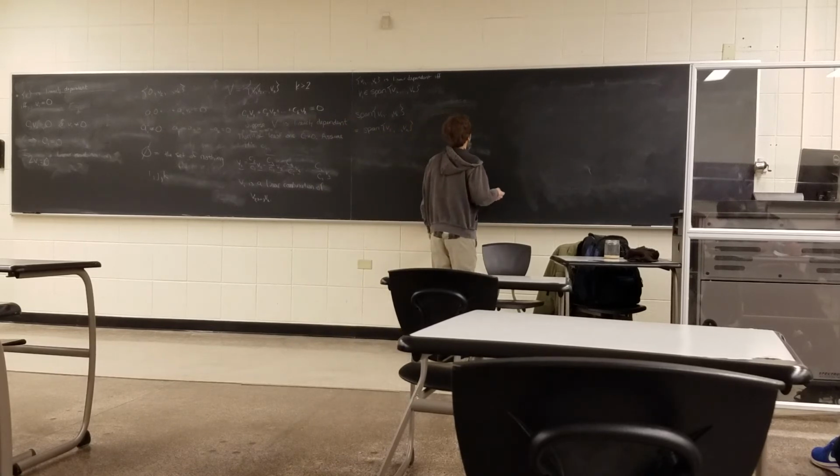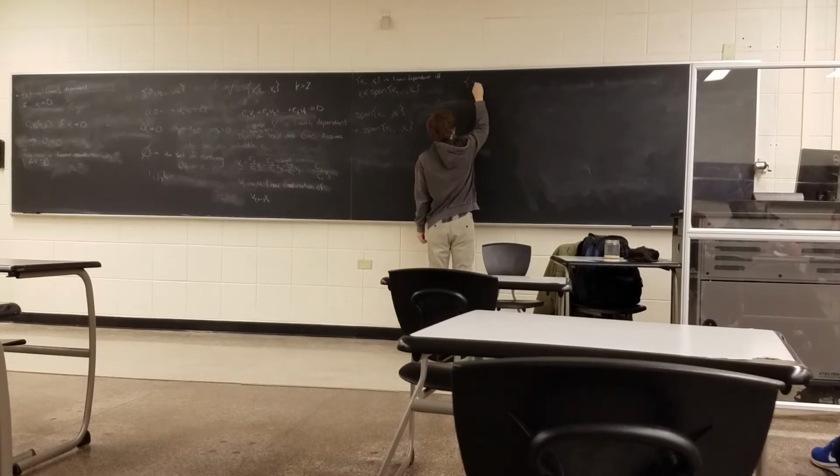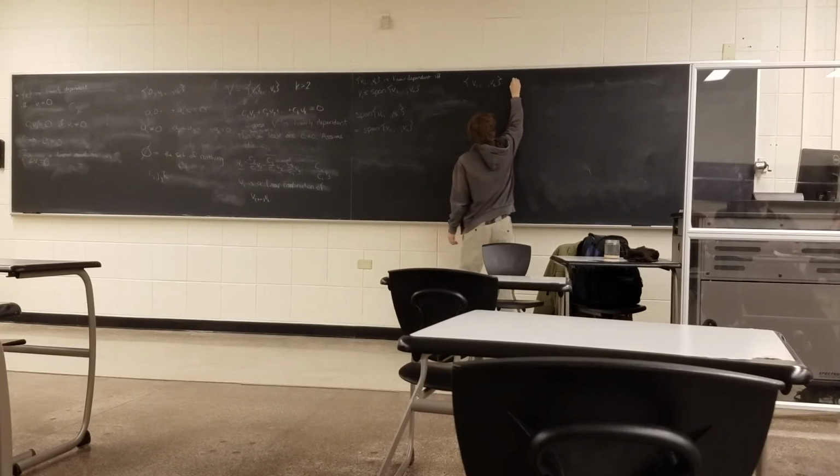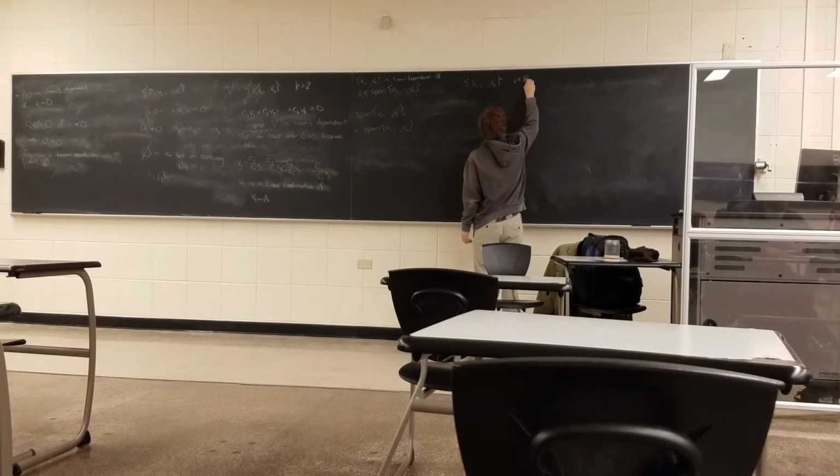So let's say we have a set v1 up to vk, and the v's are in Rn.